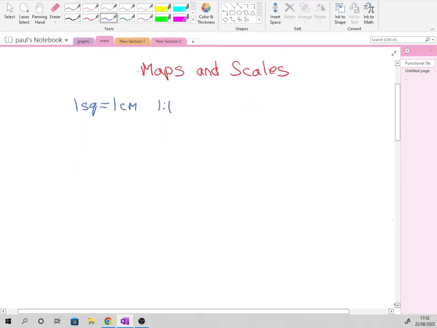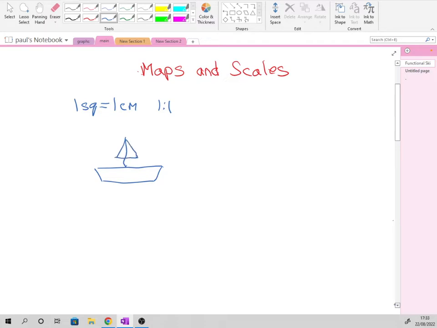So let's look at something like this. So here's a boat. And the scale of the boat is, say, 1 to 50, just written out like this.